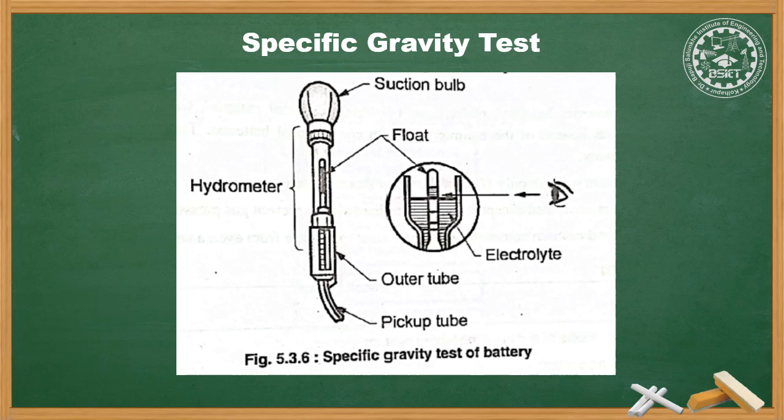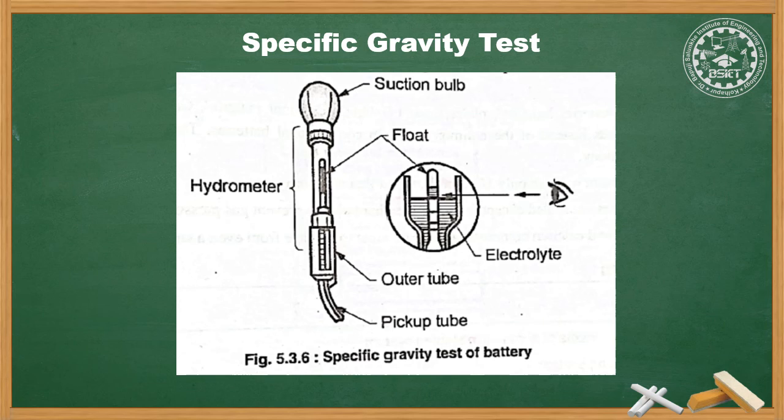The hydrometer float sinks to a greater or lesser extent according to the amount of sulfuric acid in the electrolyte. The height of the float in the glass tube indicates relative weight compared to water. The readings are noted from the scale by sighting along the level of the electrolyte. The specific gravity of the electrolyte decreases as the battery discharges.